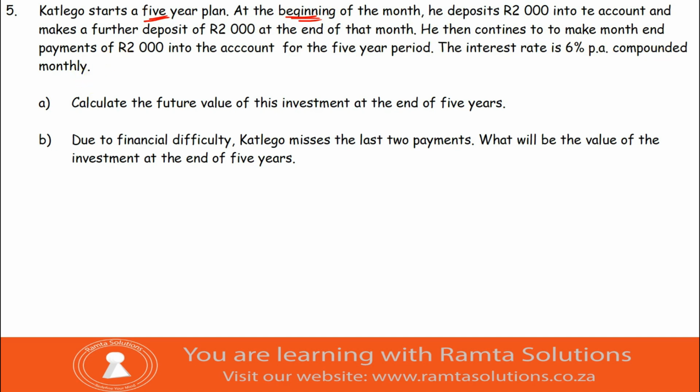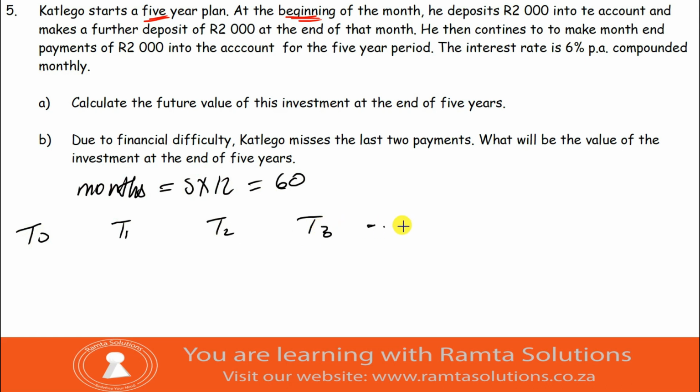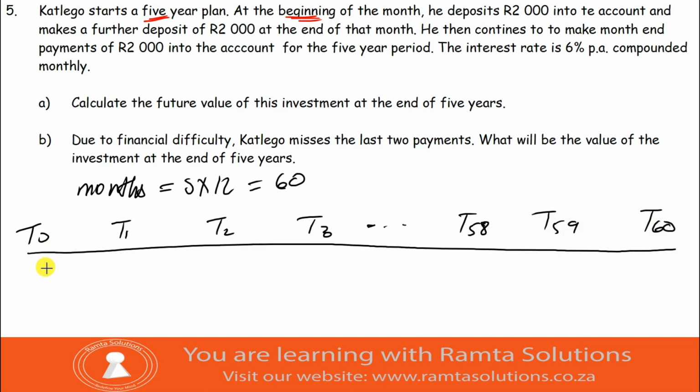Before anything, let's draw the timeline for this. The number of months in this period will be 5 times 12, which is 60. So we have T0, T1, T2, T3, and so on, T58, T59, and then T60. What is his payment?